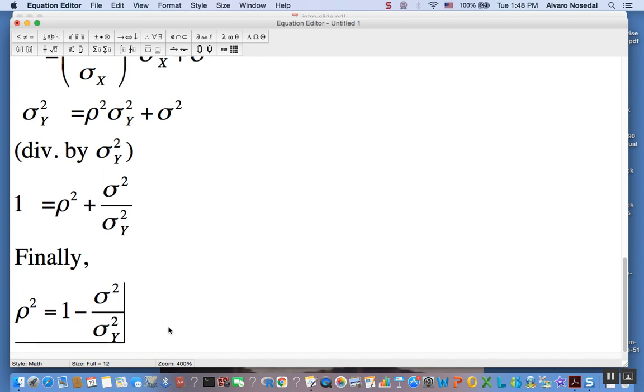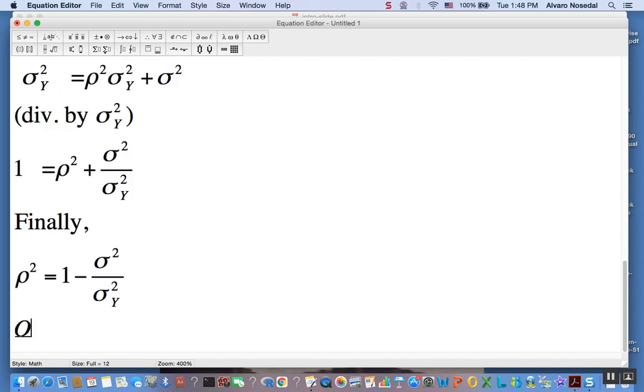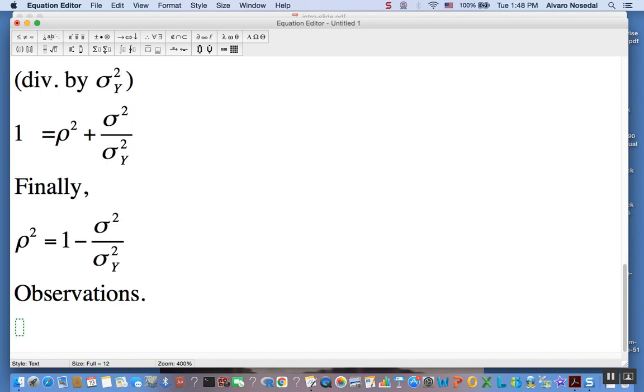Now a few observations about that quantity, and those observations will be important. Observations about the square of rho. Number 1.